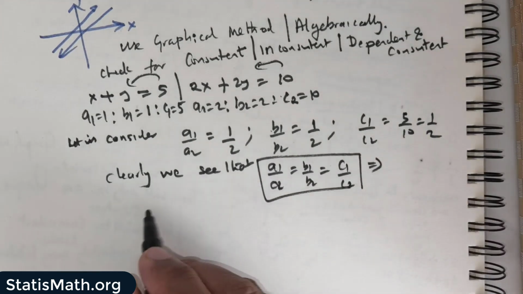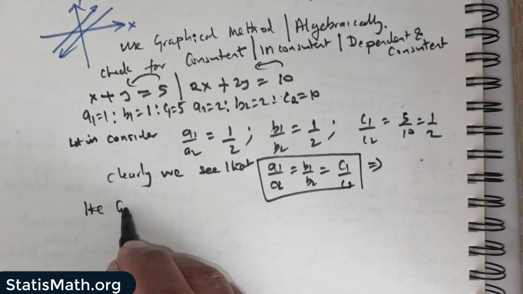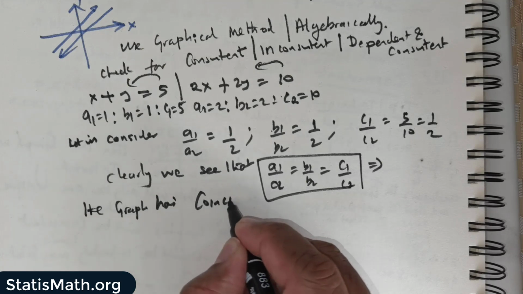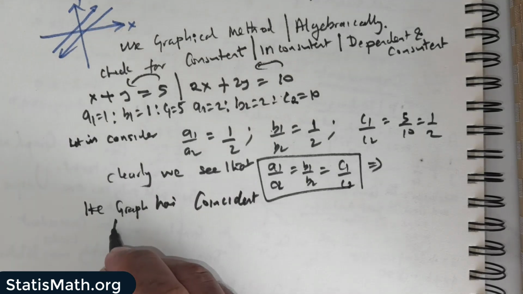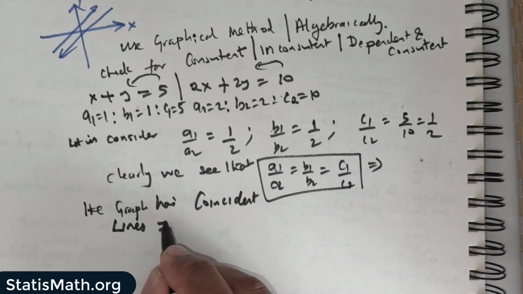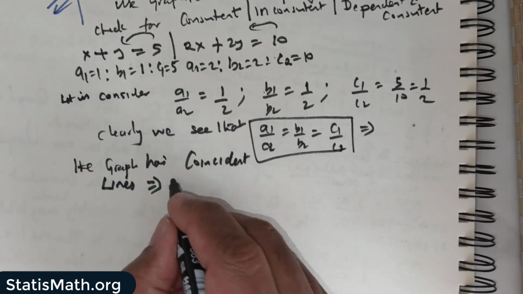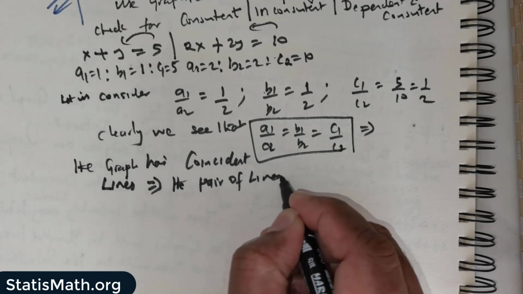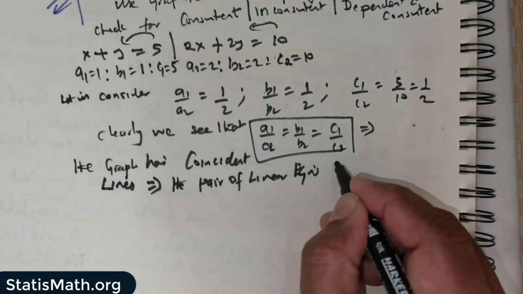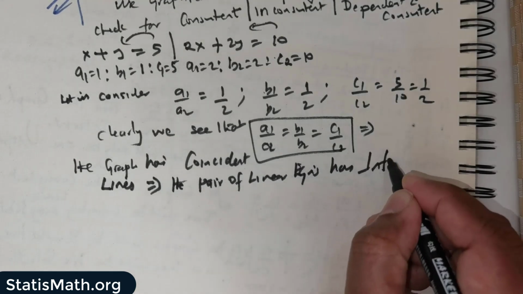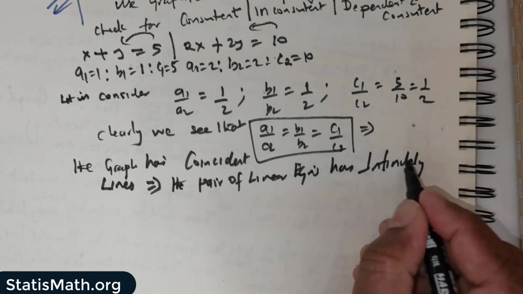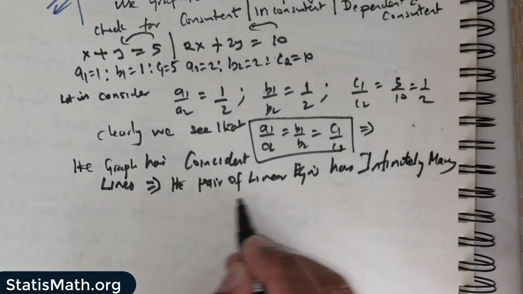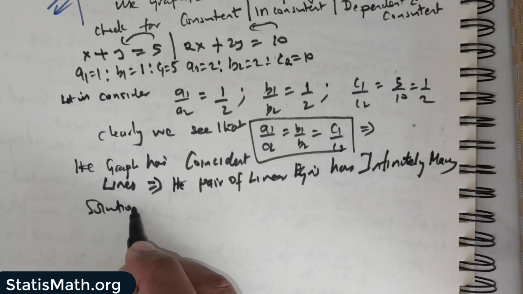So this would mean the graph has coincident lines, which in turn means the pair of linear equations has infinitely many solutions. You have to state all this.